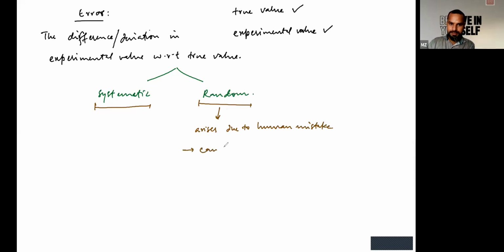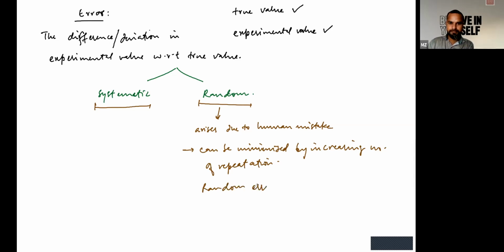So it can be minimized by increasing number of repetitions. So random error is inversely proportional to number of repetition. Just write it down. So we mainly define random error only. Okay.